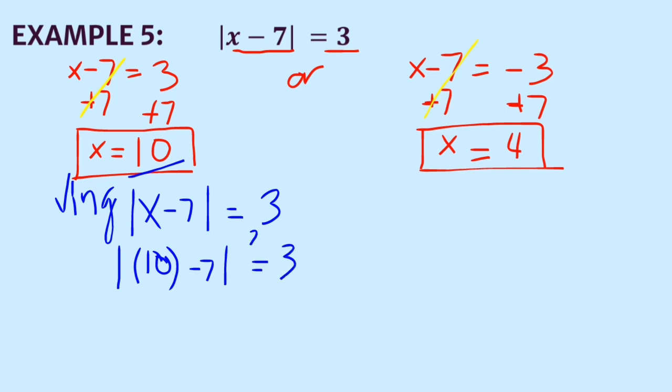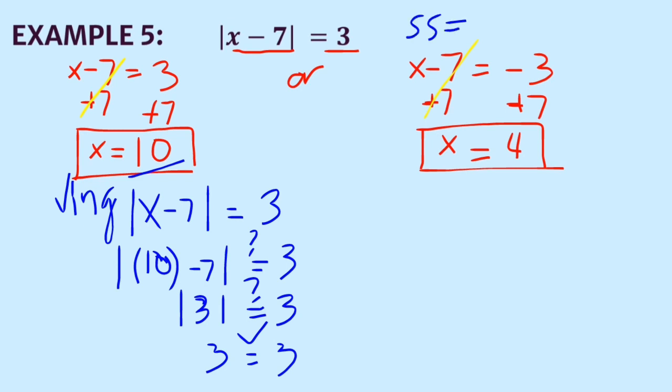And we put a question mark. Now, what is 10 minus 7? It is 3. Now, what is the absolute value of 3? It is still 3. Equal. This means that 10 here is our solution set. Okay, let's write it here, 10.